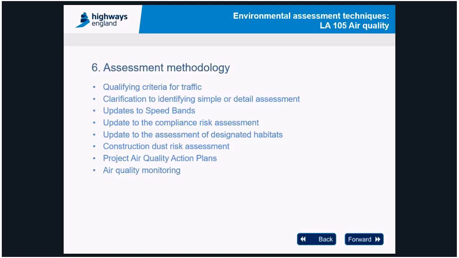And before we really get started in earnest, it's fair to say for those people who've been familiar with the DMRB air quality assessment methodology for the last number of years and the associated interim advice notes, picking up LA 105 feels very similar, feels very comforting, because the assessment methodology at its core is pretty much identical to the work that you would have experienced over the last number of years.